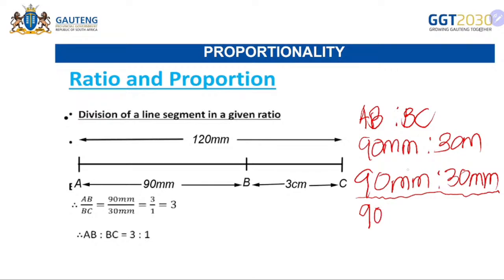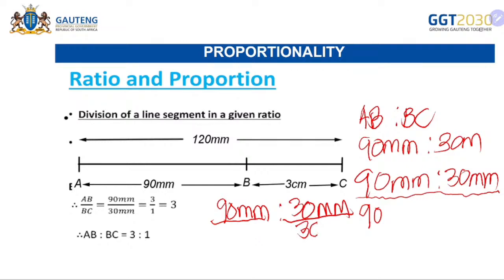30 and 90 will be given as, so we'll have 90 millimeters is to 30 millimeters. So what you do on the left hand side of the ratio sign, you must also do on the right hand side.